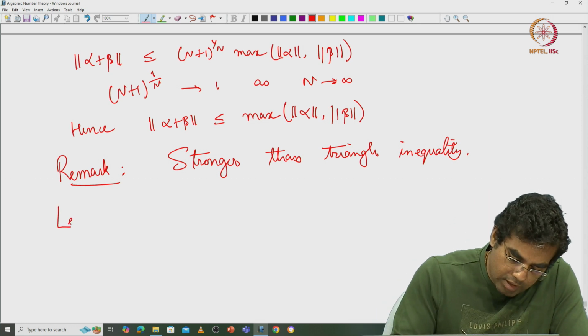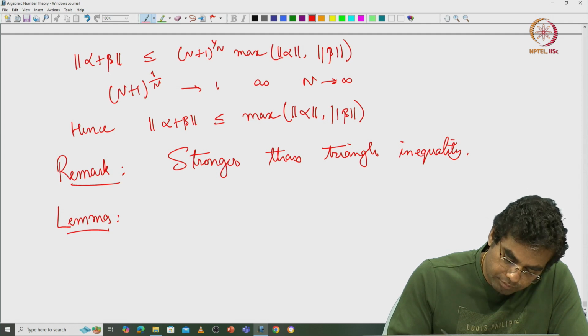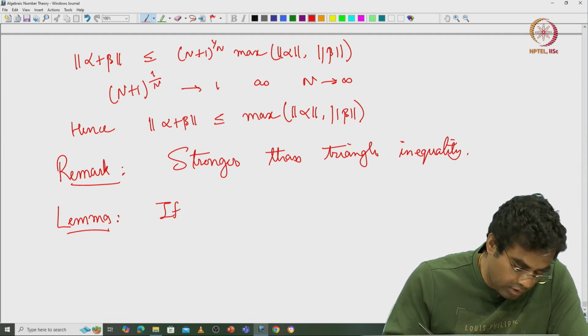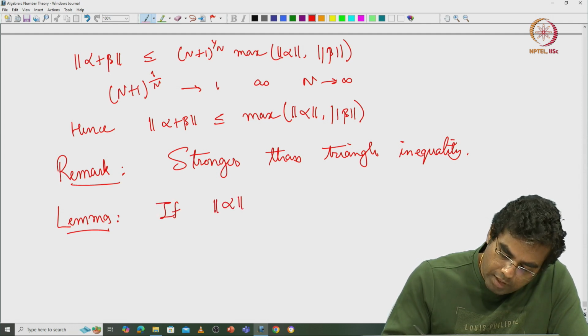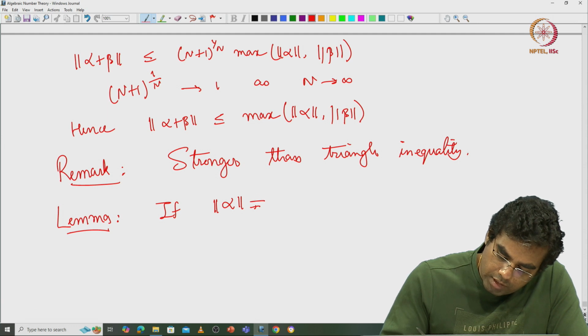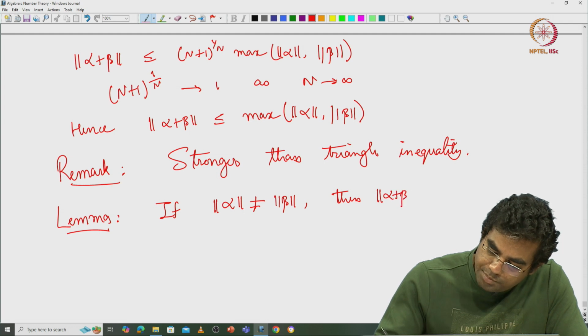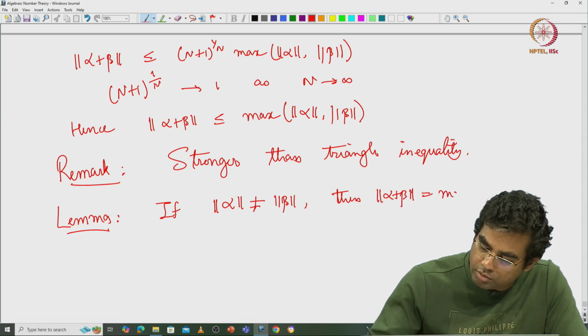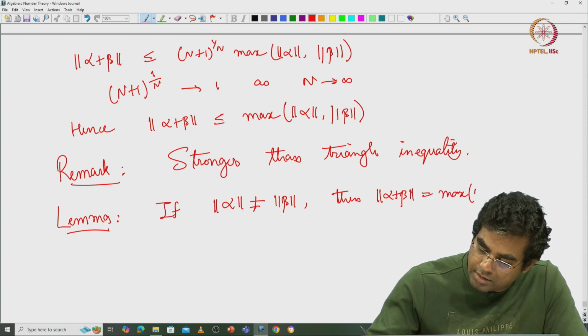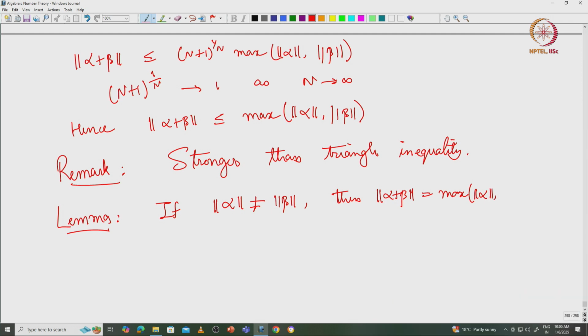Now, here is a small lemma. If valuation of alpha is not equal to valuation of beta, then valuation of alpha plus beta is actually equal to the max. So, not only is it less than or equal to, but equality is attained.